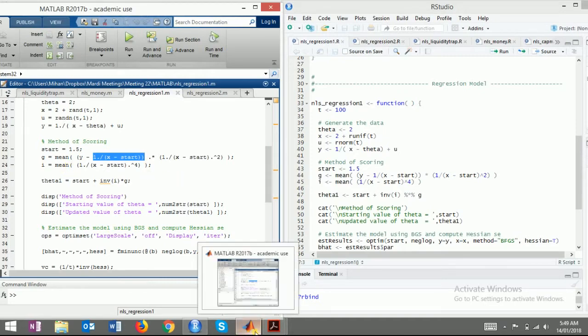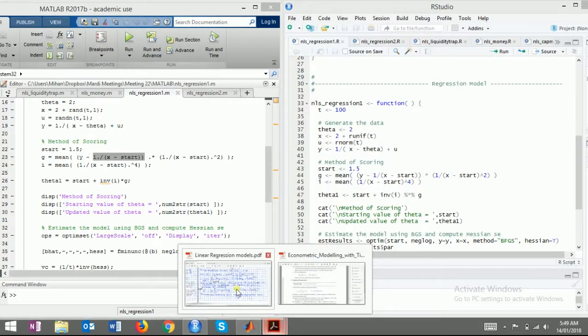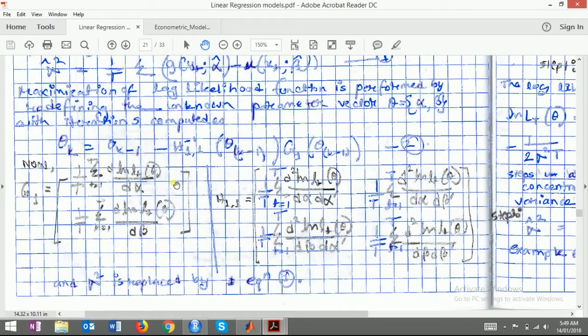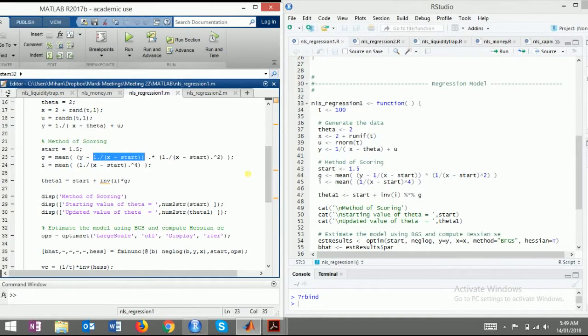Exactly, because gradient requires you to take the first difference of the mean with alpha and with beta. So here we don't take x minus theta, we're doing it for theta, and so this is coming again and again.